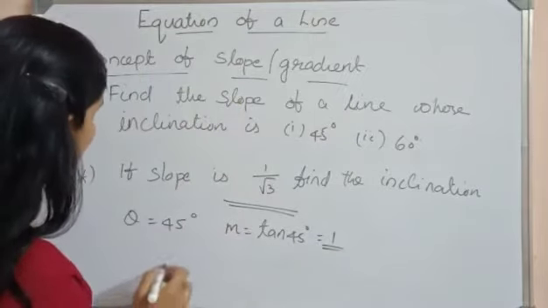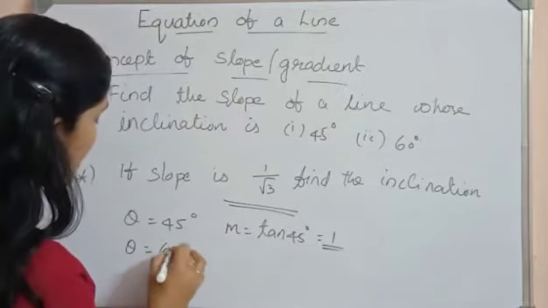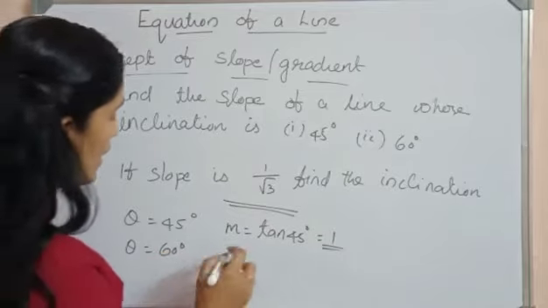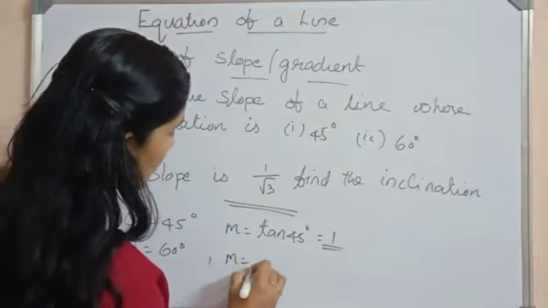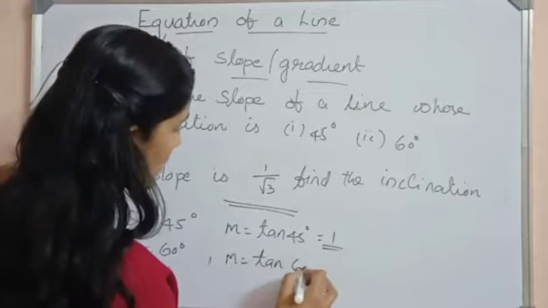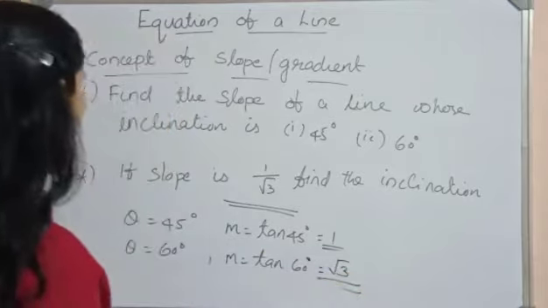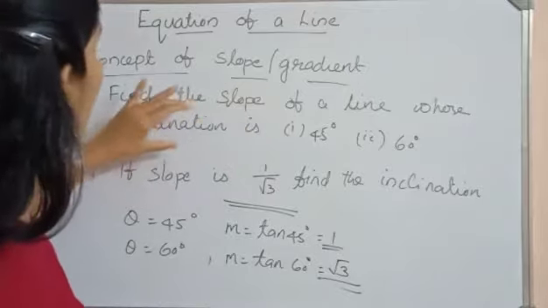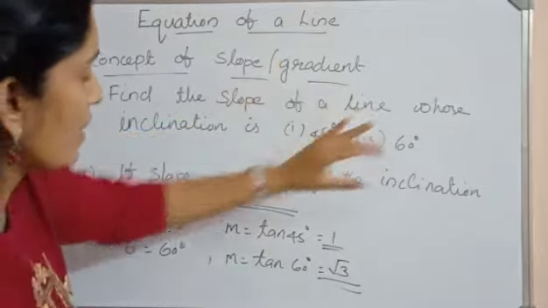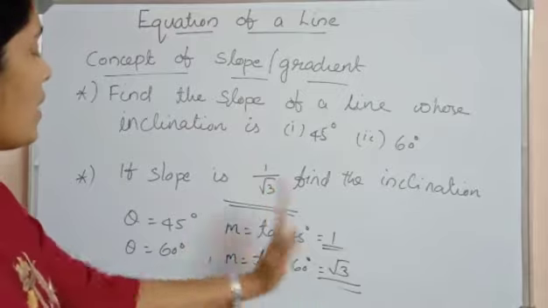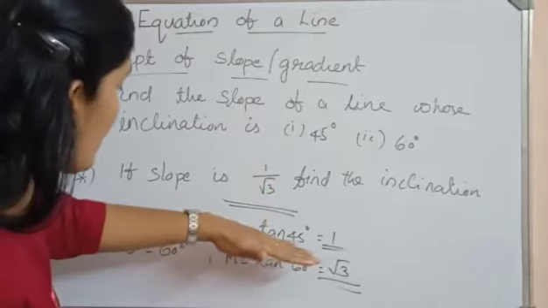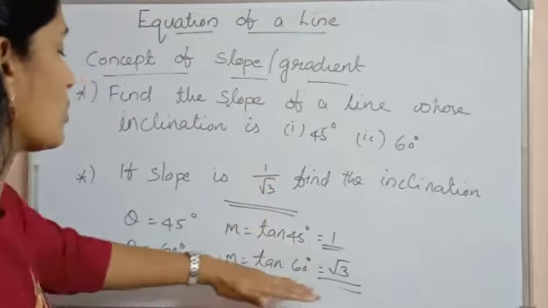And the second part, when theta is 60 degree, the slope m is equal to tan 60 degree, and that is equal to root 3. So whenever the angle theta is given, we can find the slope by substituting the angle in the tan value, that is tan 45 or tan 60.